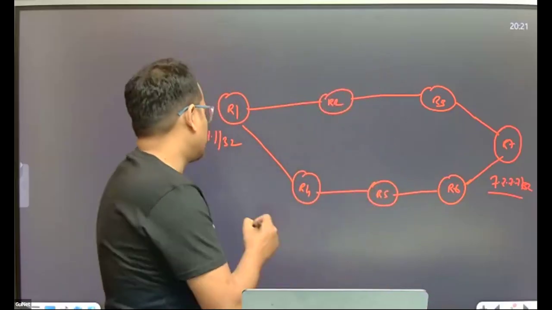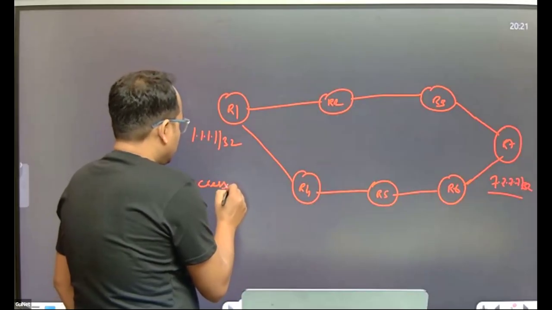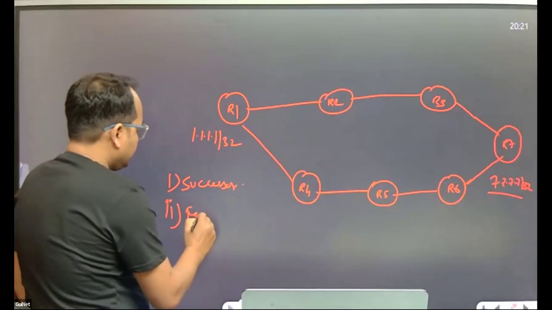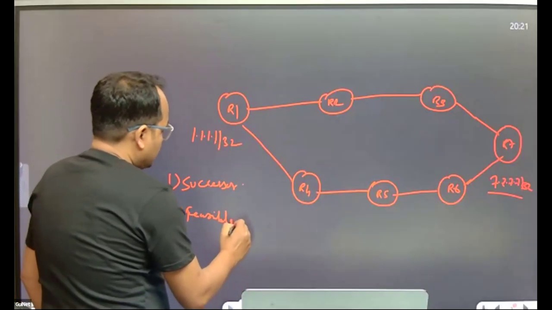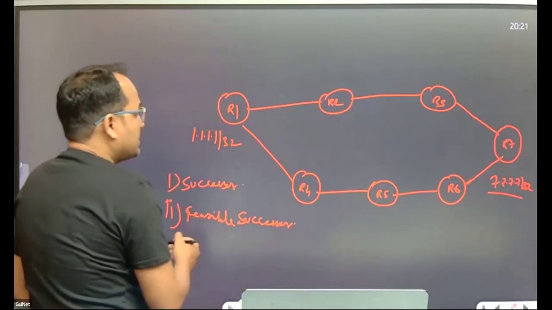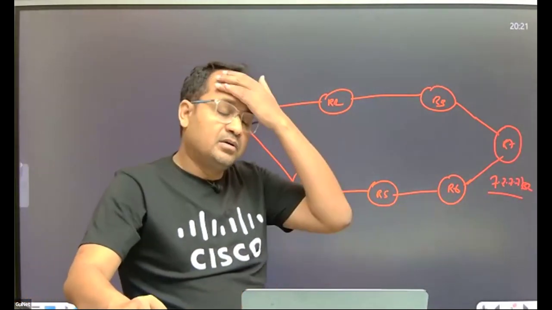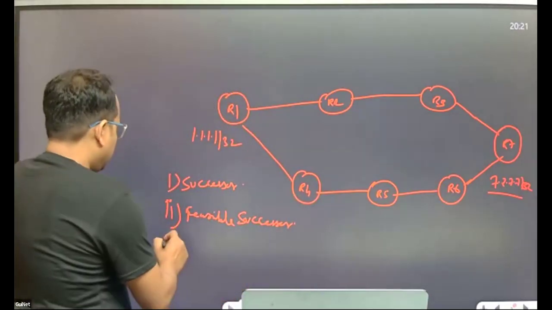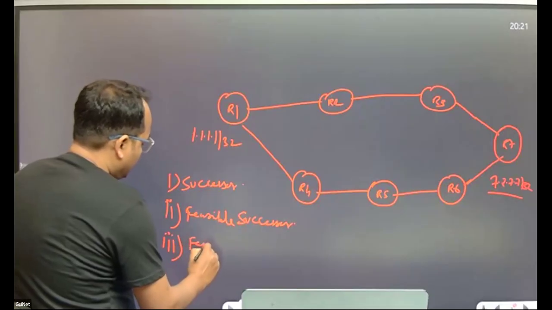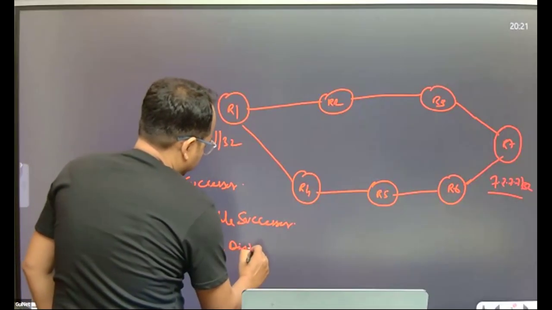So they use the successor. That is the first term. Now the second term they use is the feasible successor. So what is a successor and what is a feasible successor, and why are they going to play a very important role here? Also they use one other term, that is the feasible distance.